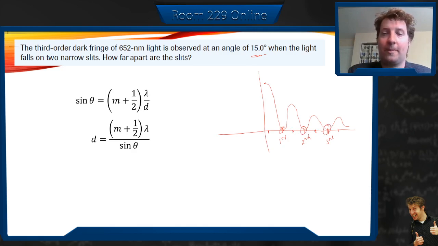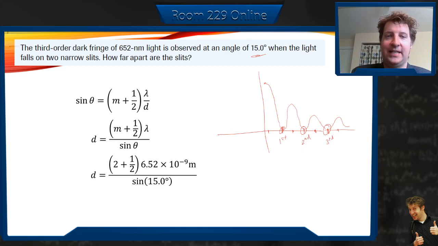So, what number do I really need in the bracket? A half, 1.5, 2.5. So, I need 2.5 or 5 halves. So if you're ever confused, just draw yourself a picture and count from the center here.